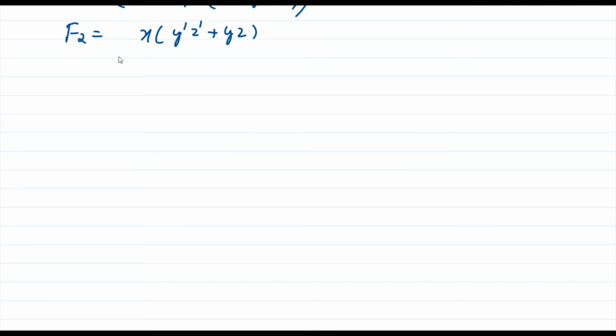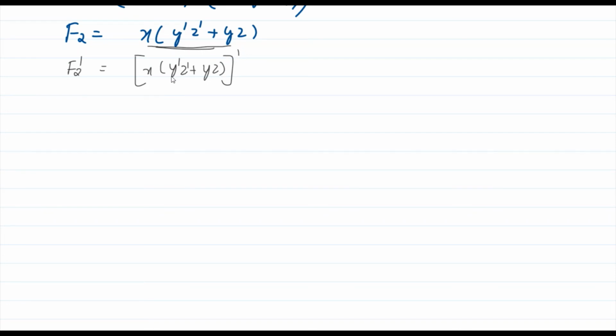We have to complement this given function. So I will write f2 prime is equal to, I have to make this whole complement, right? So x into y prime z prime plus yz, bracket complete, so whole prime.